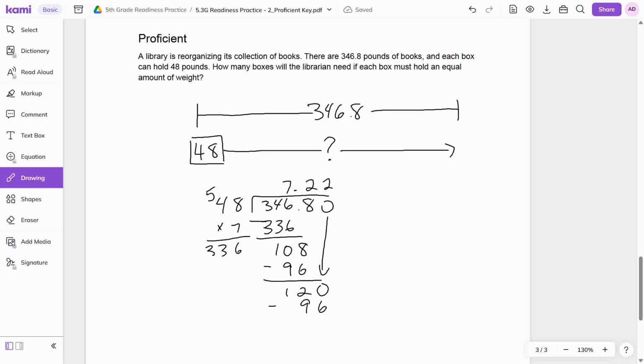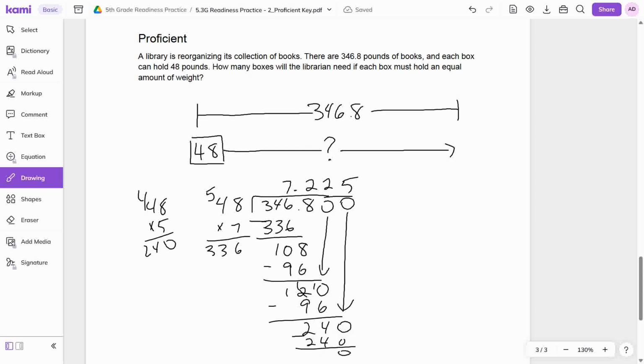And that's going to leave me with 24. So 240. So we're having to add another 0 here. So how many times can 48 go into 240? I feel like it's going to be 5. That might be the end of our journey here. So let's see. Yeah, there we go. 240. All right, so that is going to be a final division in there.